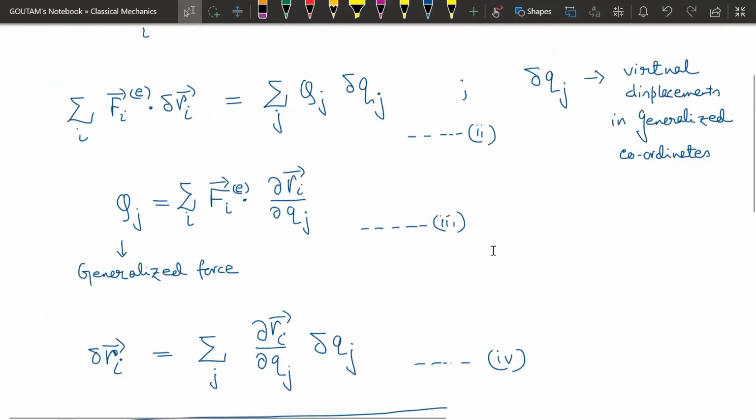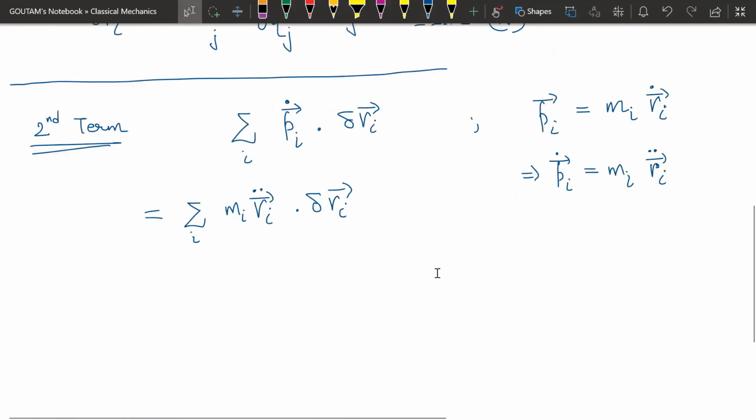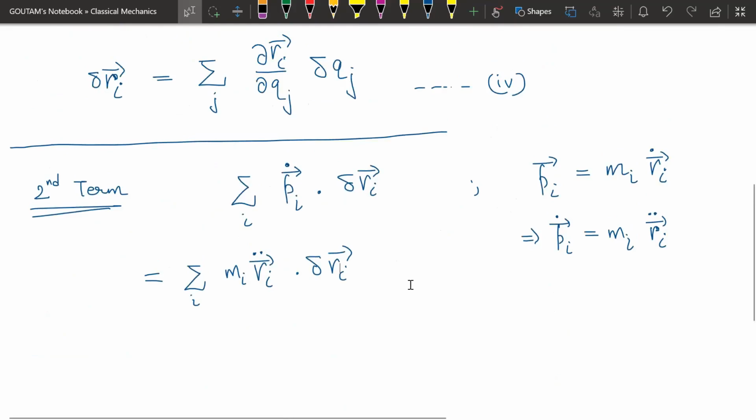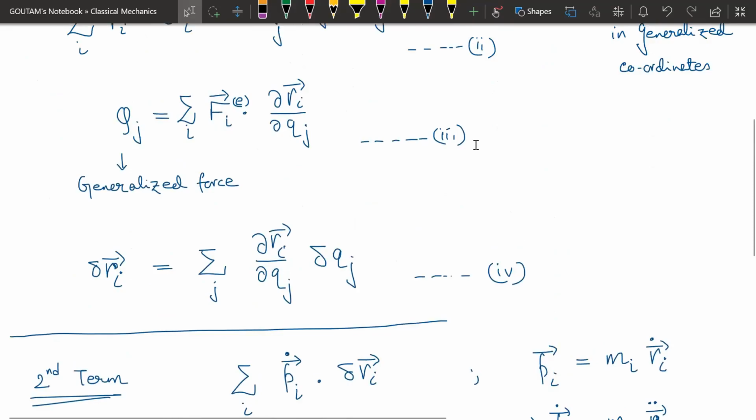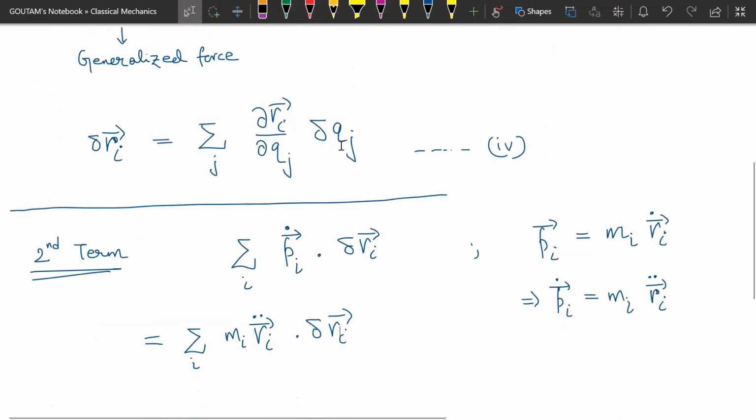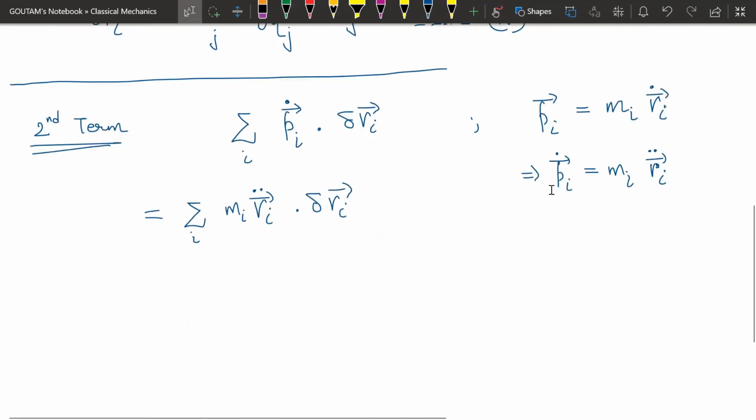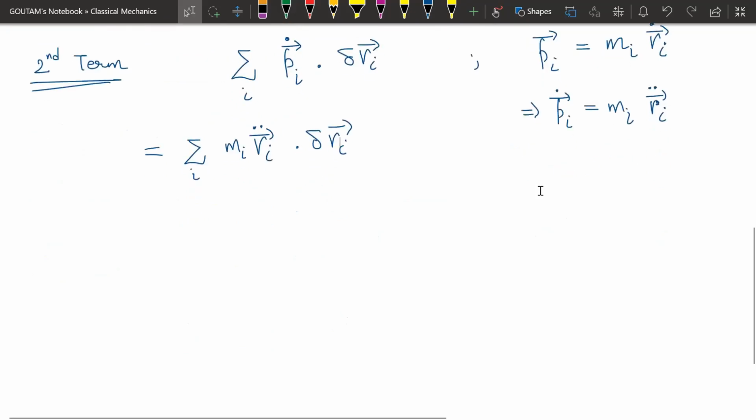Now this delta Ri is the virtual displacement in the original coordinates, but we will replace it using equation 4. Then we will get an expression where the delta qj's will be there. These are the virtual displacements in generalized coordinates, and the delta qj's will be independent of each other. That is the advantage we want to get.